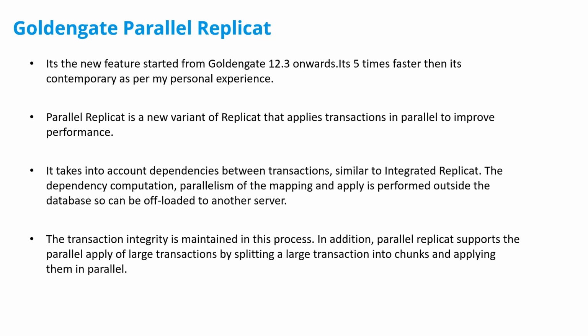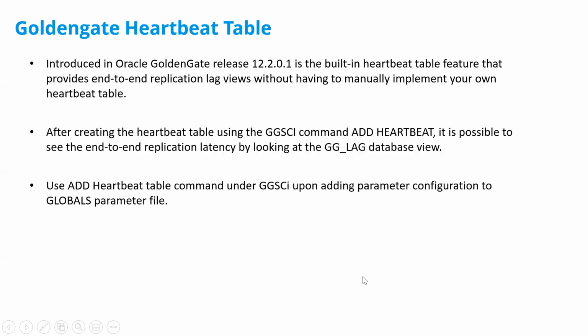The transactional integrity is maintained in the process, which is really very important. In addition, parallel replicate supports the parallel apply of large transactions by splitting a large transaction into chunks and applying them in parallel.